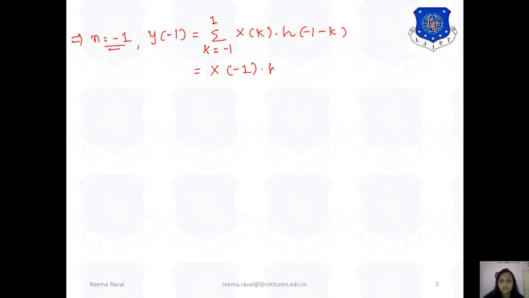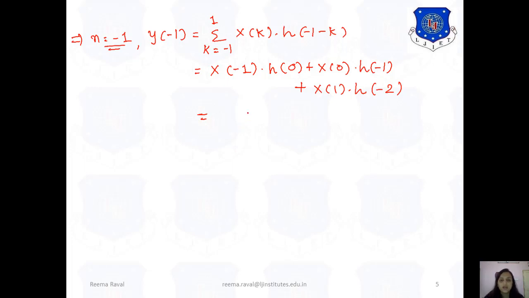So x of minus 1 into h of minus 1 minus minus 1. So that will be equals to 0 because minus 1 plus 1. Okay. Now plus x of 0 into h of minus 1 minus 0, that is h of minus 1 plus x of 1 into h of minus 1 minus 1, that is equals to minus 2.